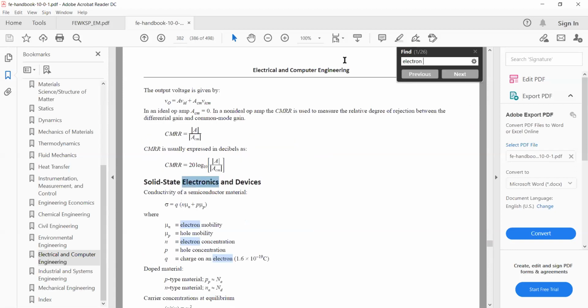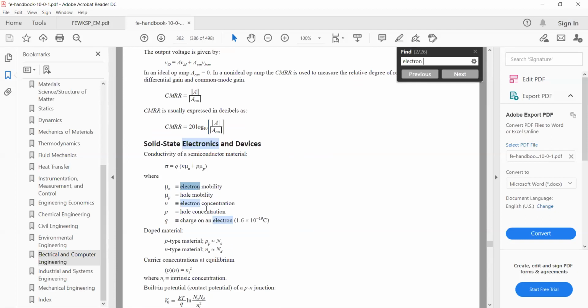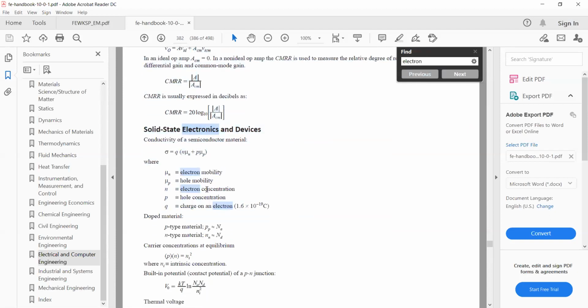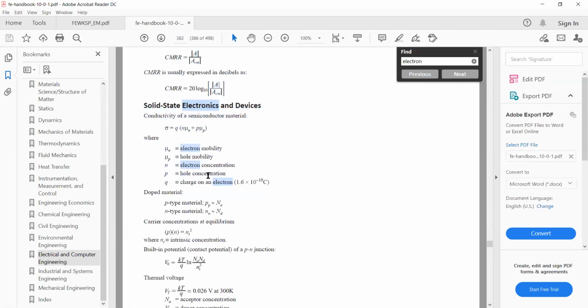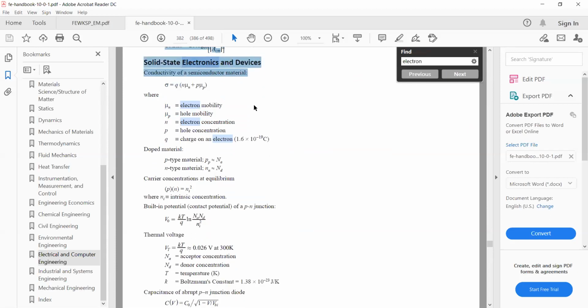Electron wire. Oh, here we go. Maybe we have it. The charge of an electron, which is good to know. That's not what we're looking for.